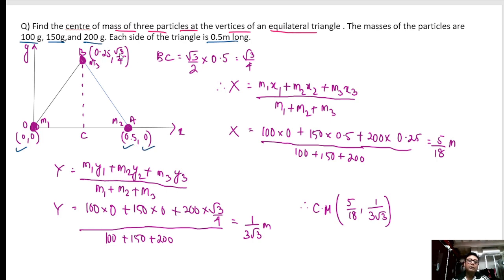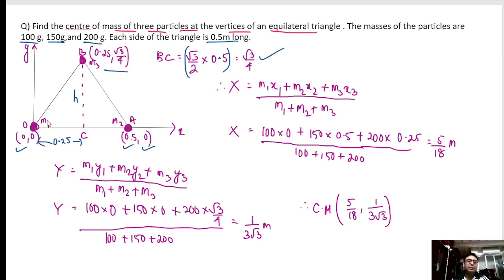And now the coordinate of this, so this is half of 0.5, so this is 0.25. And what is the height of this? The height will be root 3 by 2 into side, which is root 3 by 4. So this is the coordinate of the vertex B.